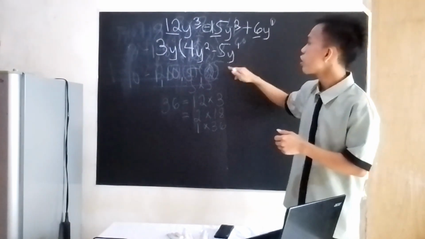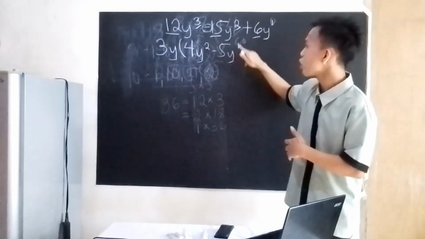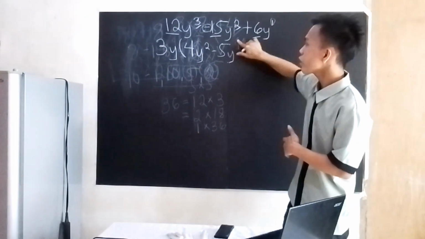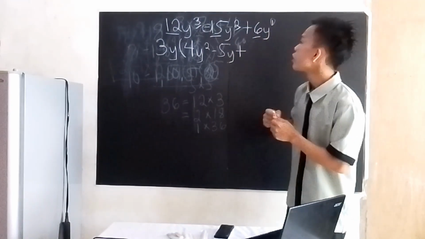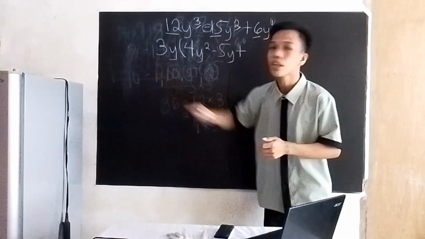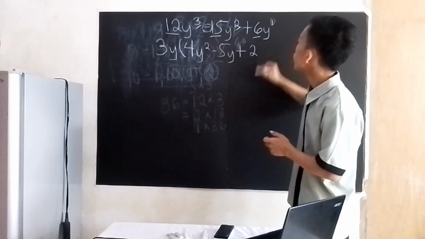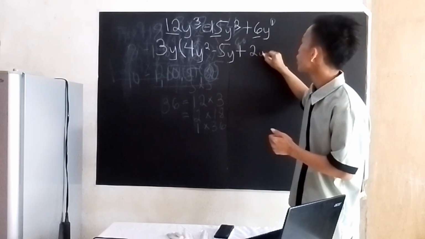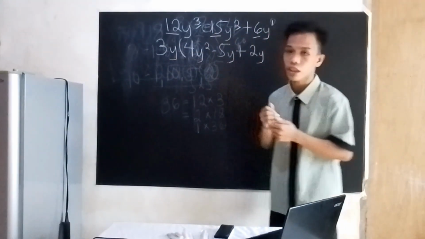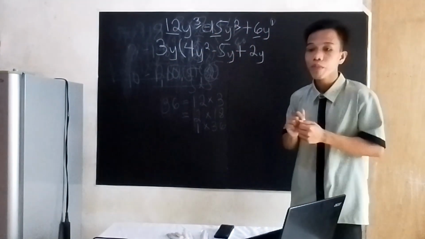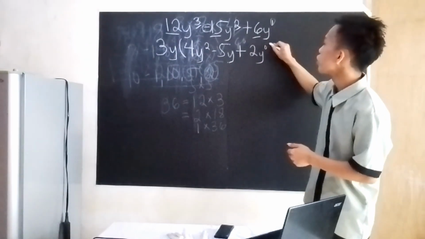Since it has an exponent of 1, we are not going to put 1 in here. Plus, copy the sign. What is 6 divided by 3? That's right, that will be 2. Then next, y. Copy the variable, then exponent minus exponent. What is 1 minus 1? 0. So y raised to 0.